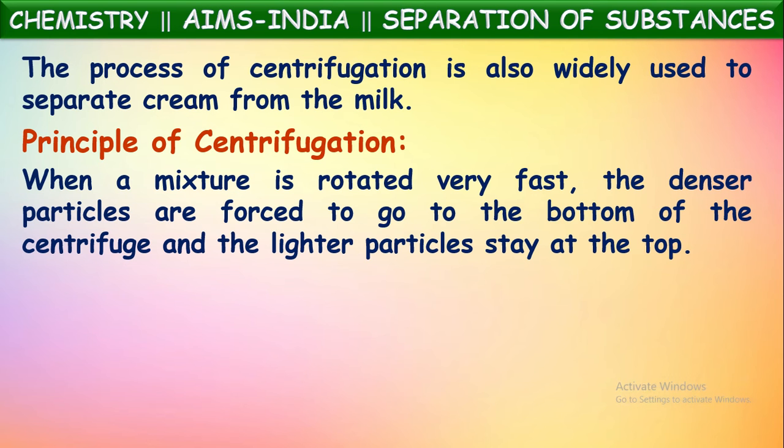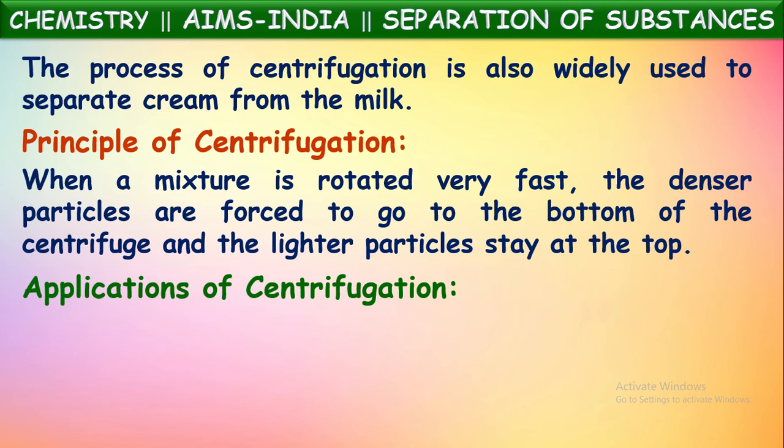What they do in this centrifugation is make this mixture whirl at very high speed. While rotating at very fast speed, the denser particles in the mixture will come to the bottom of the container, whereas lighter particles will remain at the top. In this way, the components are separated in centrifugation.